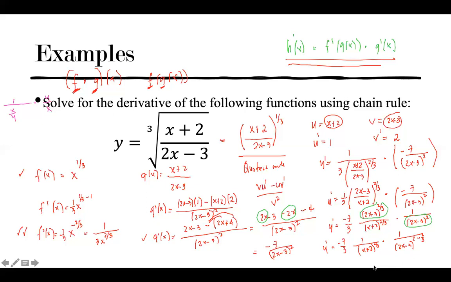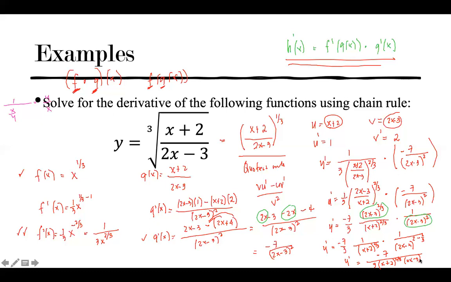All right, so then our final answer will be y prime is equal to -7 times 1 times 1 all over 3 times (x plus 2) to the power of 2/3, and then (2x minus 3) to the power of 2 minus 2/3.